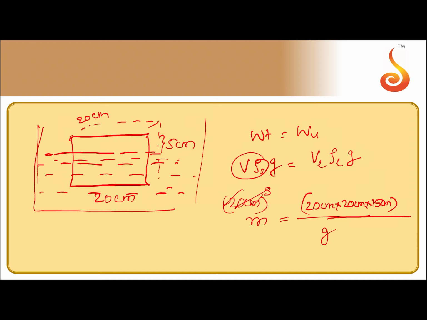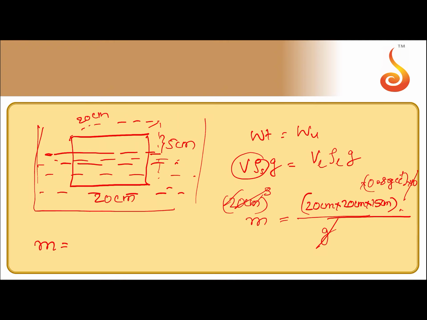The volume of the solid inside corresponds to a cuboid of sides 20 centimeter, 20 centimeter and 15 centimeter. 5 centimeter is outside. Into density of the liquid. So I'm just writing it here, 0.8 gram per cc. So take care of the conversions. Into g, that is 10. And of course this g and this g cancel.